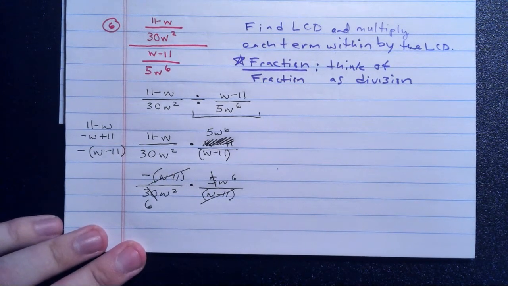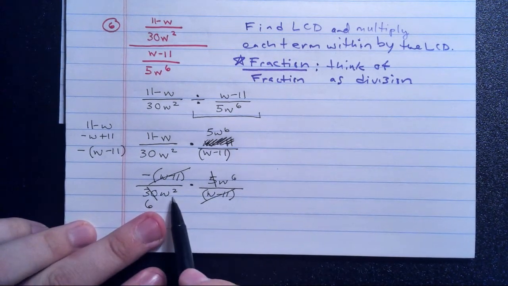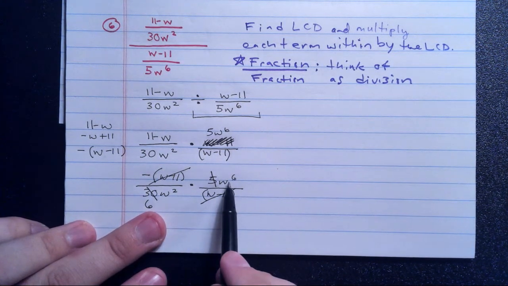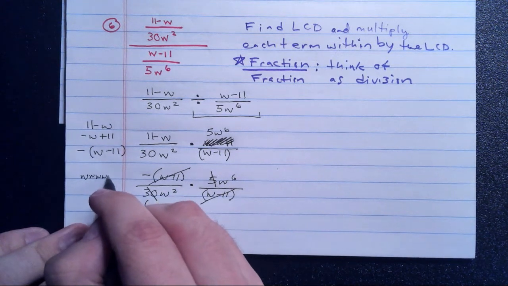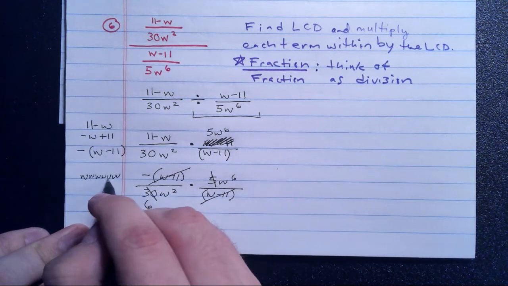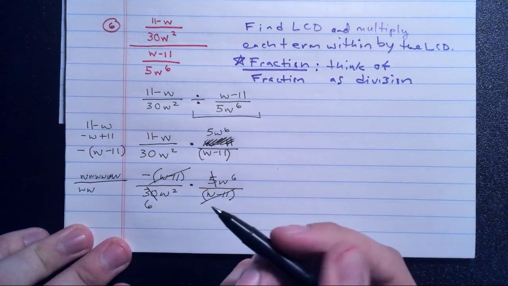Now this is one we haven't seen recently, but we remember dealing with exponents before. If I have w to the 6th over w squared, well, what does that mean? That means I've got 6 w's in my numerator divided by 2 w's in my denominator.